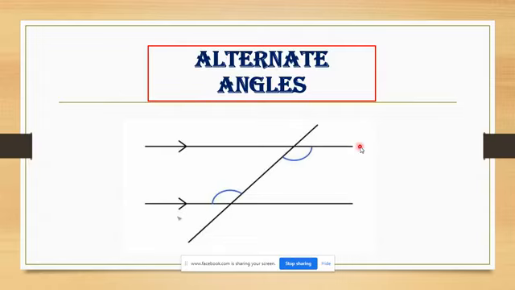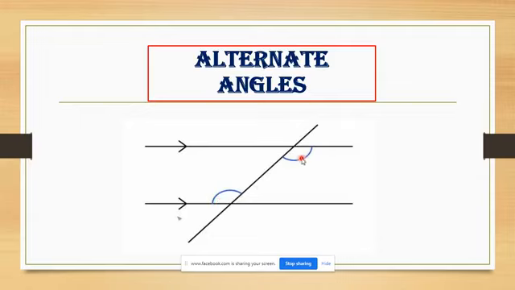But interior angles means this angle is below the parallel lines and this one is above the parallel lines. You can see this as a zigzag way. So this is alternate. This is a pair of alternate angles.